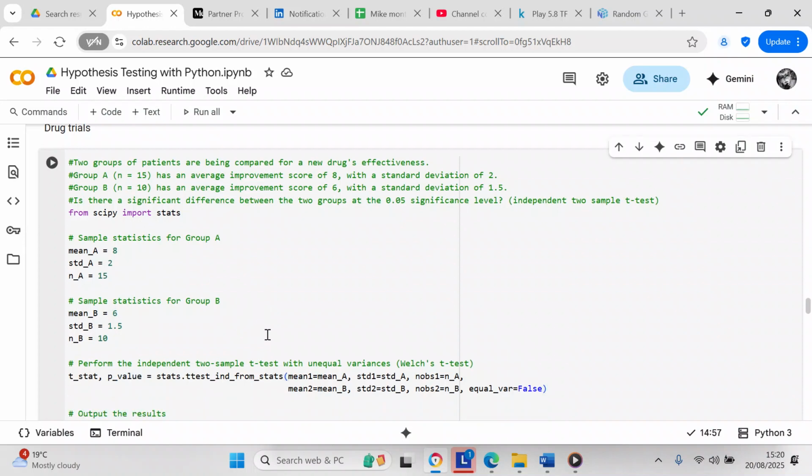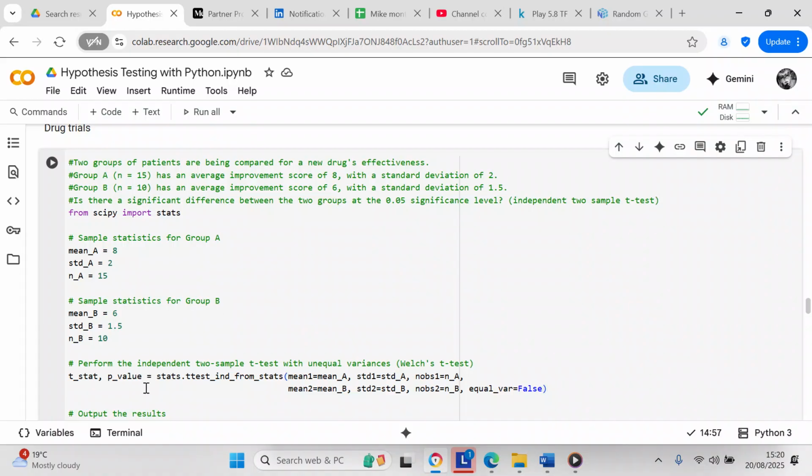So t-stat, p-value equals stats dot ttest_ind_from_stats. In brackets, mean1 equals mean A, comma, std1 equals standard deviation A, comma, nobs1, that's number of observations 1, equals N A, and comma, mean2 equals mean B, comma, std2 equals standard deviation B, and nobs2, that's number of observations 2, equals N B, and equal_var is False.